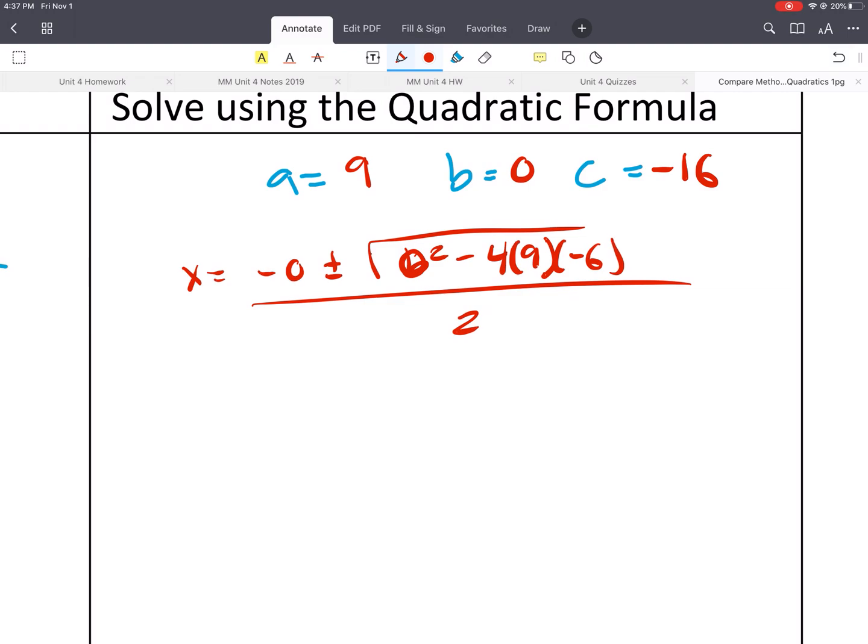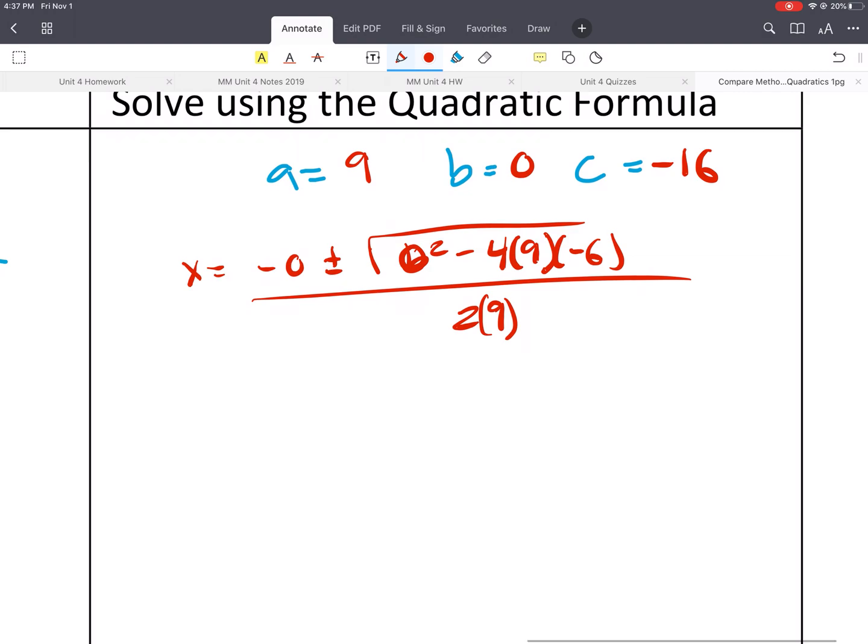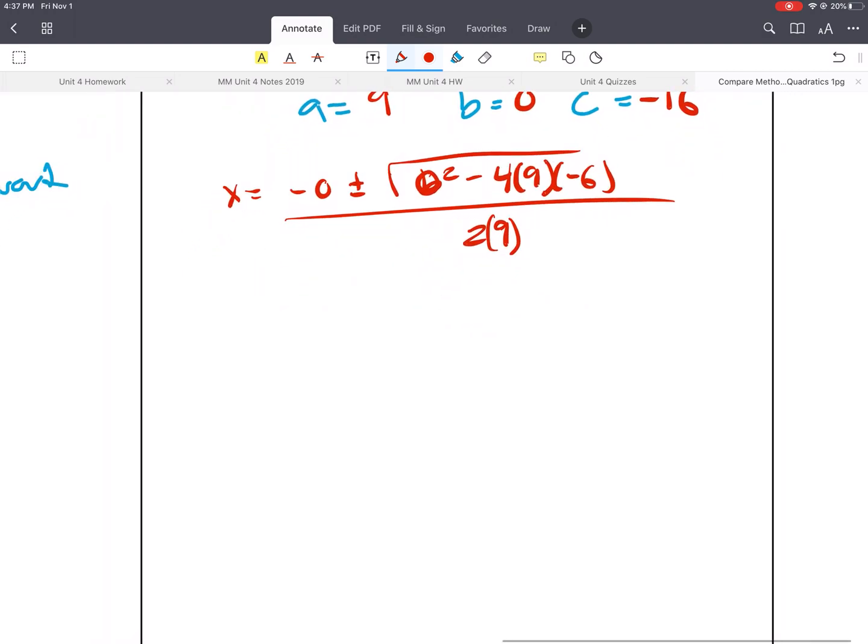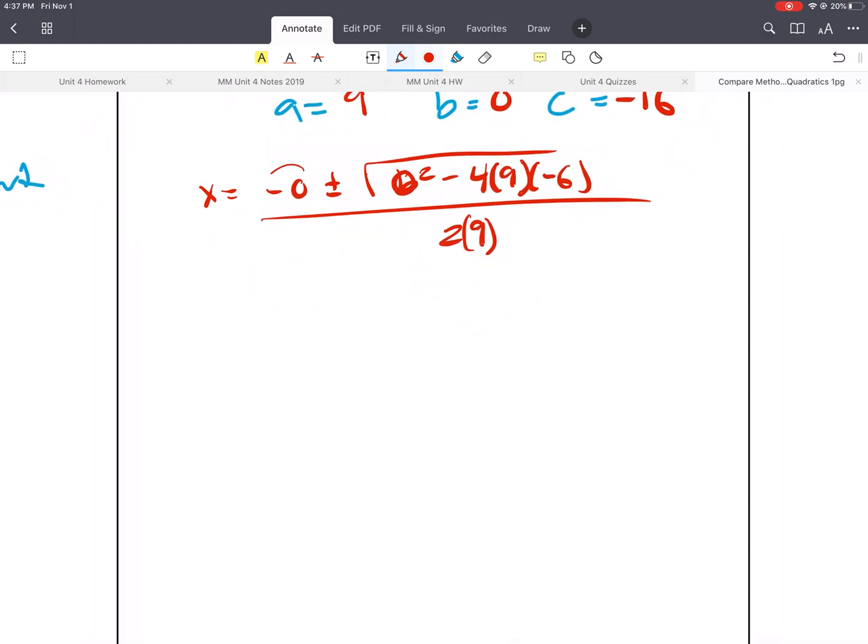And a is, sorry, 9. Okay? So again, use parentheses when you substitute things. Negative 0 won't affect anything. Same as this 0 squared would just be 0. So we want to first simplify the discriminant.